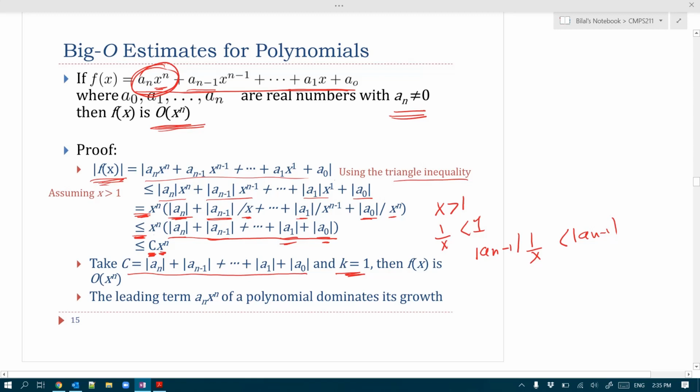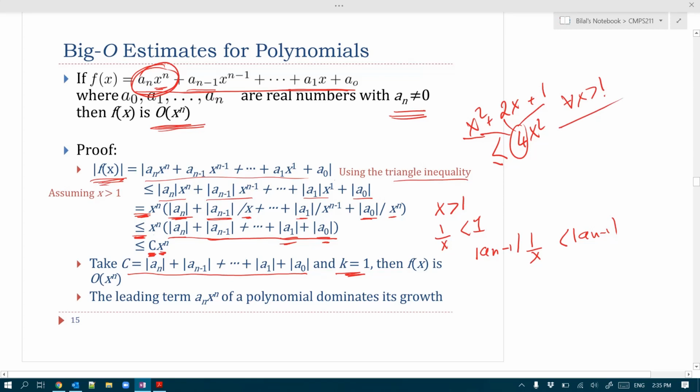And if you go a few slides earlier, you would notice that we used this trick when we proved that x squared plus 2x plus 1 is less than 4x squared, where 4 is equal to the sum 1 plus 2 plus 1, the sum of all the coefficients, and this is true for every x that is strictly greater than 1.